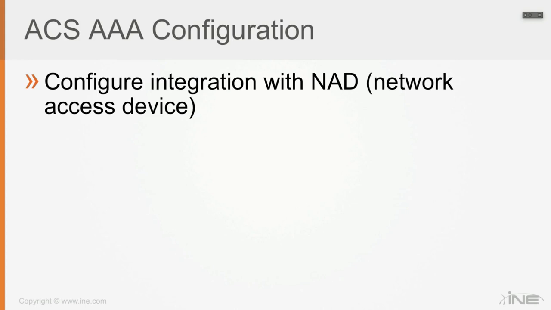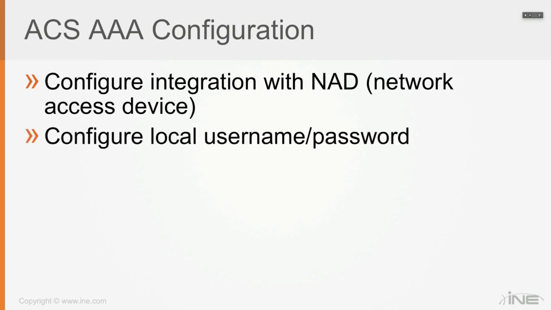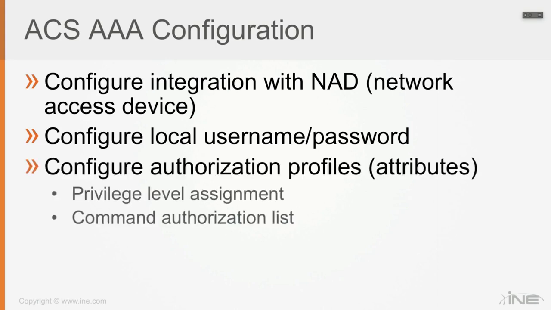On the TACACS server side, we first configure the integration with the network access device, which is going to be the router, the authenticator. We configure the local username and password, because the TACACS server is going to validate the user's credentials. Then we configure the authorization profiles or attributes, which means when the user gets authenticated, what privilege level do you assign to that user?